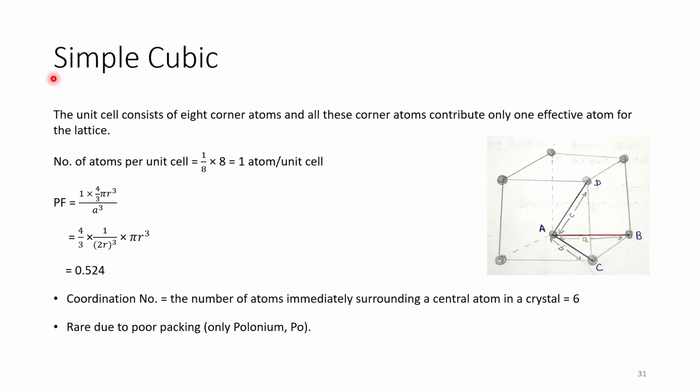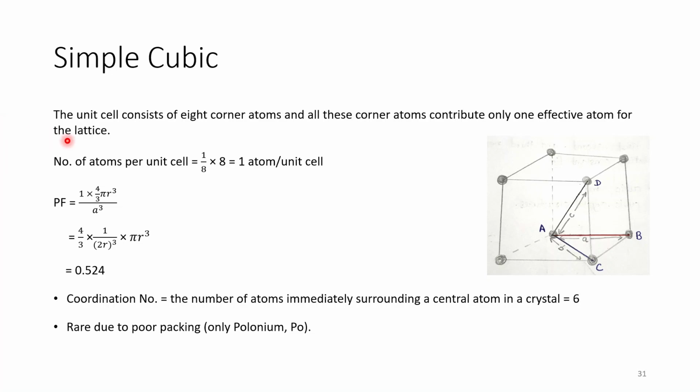First crystal structure in case of cubic, you have simple cubic. In this case, you will be having atoms situated at the corner of the unit cell. So the unit cell consists of 8 corner atoms, and all these corner atoms contribute only one effective atom for the lattice.